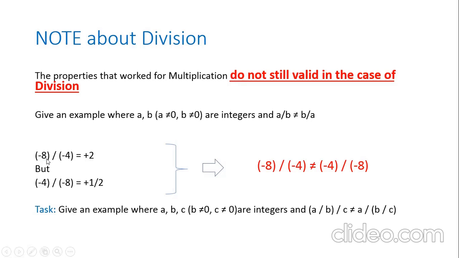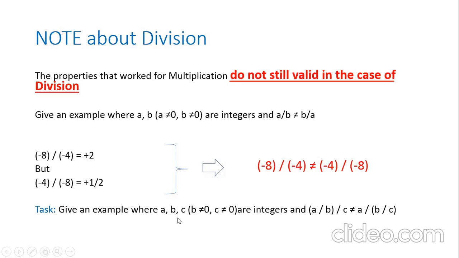Same sign, so the result is positive, and 8 divided by 4 equals 2. However, if we switched the locations of the integers, so now we have minus 4 divided by minus 8, we get plus half, which is not equal to 2. This means that minus 8 divided by minus 4 doesn't equal minus 4 divided by minus 8.